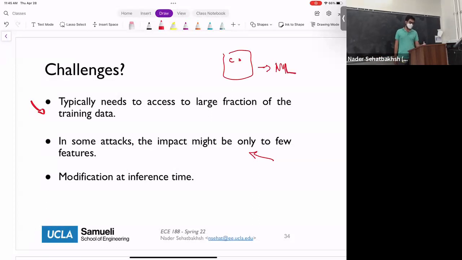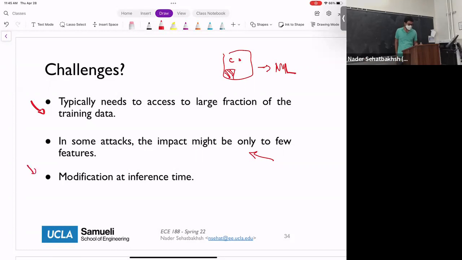Let's say you are changing this corner of your image and think, okay, I'm poisoning the data. But in fact, the features actually being used for making that decision may not be exactly those, right? So finding what features to change and how to change them is not a straightforward task, but it's something that's been doable.